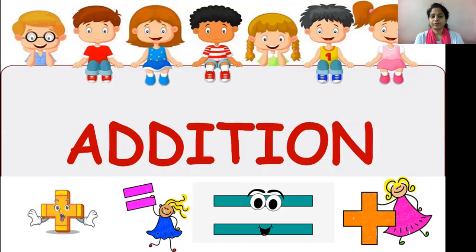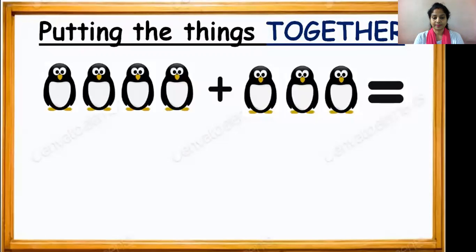Okay, but before that, let's give a quick recap of what do you mean by addition. Addition means putting the things together. What do you mean by together? Now look at the picture. In the first picture, 4 penguins are there, right?